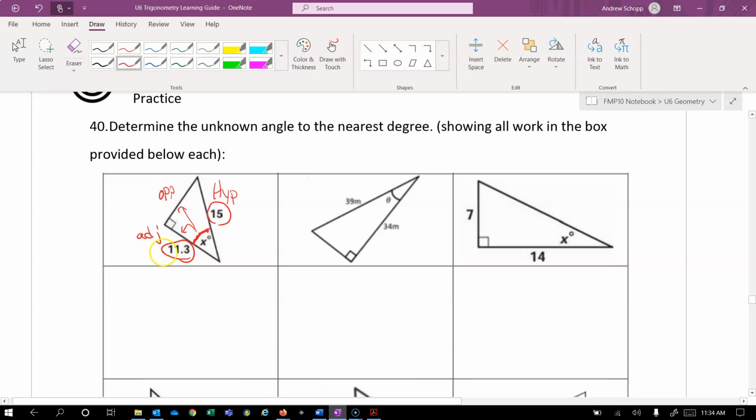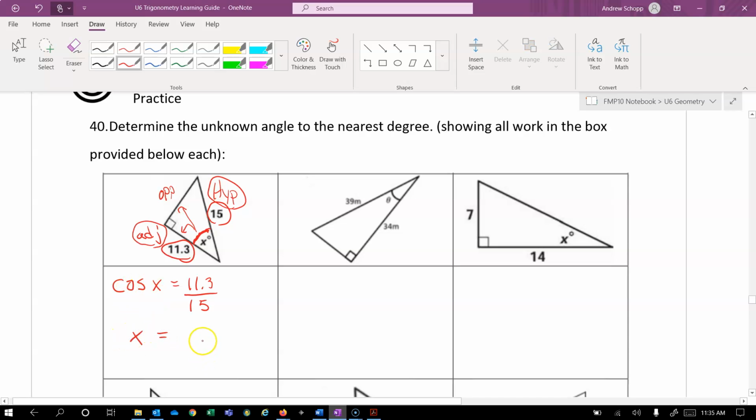And the trig function we're looking for needs to include the adjacent and the hypotenuse. So if you think of SOHCAHTOA, you would see that the cosine function is the one that works. So cosine of angle x is equal to the adjacent, 11.3, over the hypotenuse, which is 15. Now to solve for x, I have to take the inverse cos of each side.